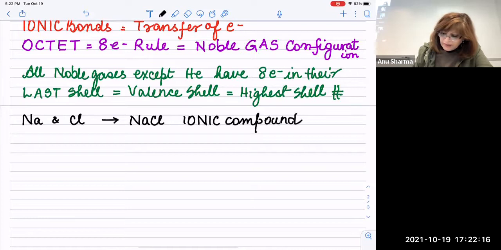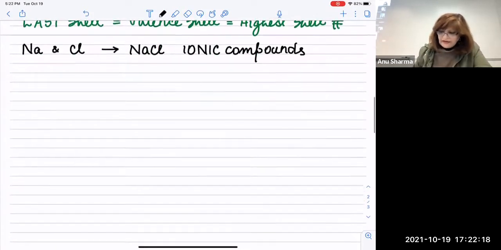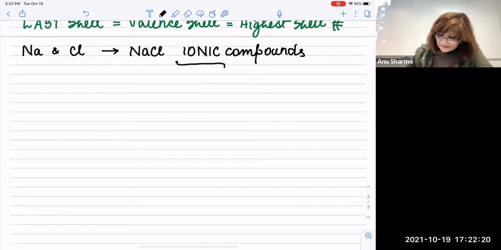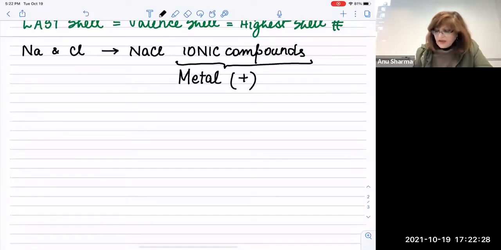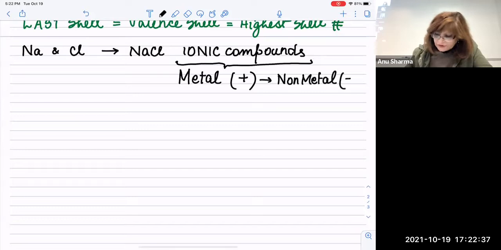Now, ionic compounds, like I said, are always going to be made up of metal, and this metal will always have a positive charge. Okay. And when metal combines with another non-metal, then this non-metal will have a negative charge.